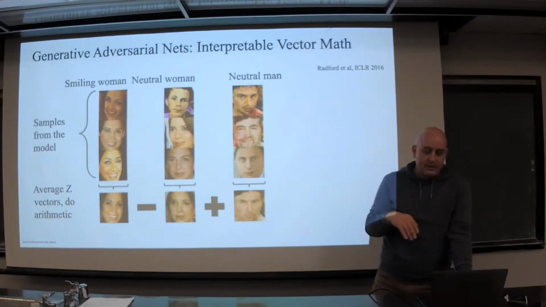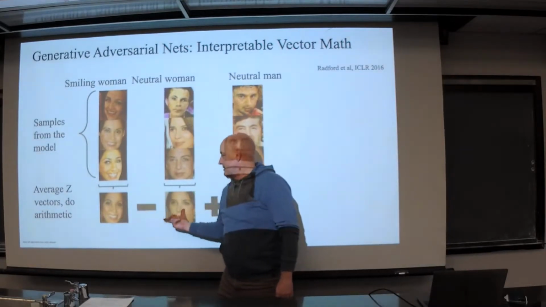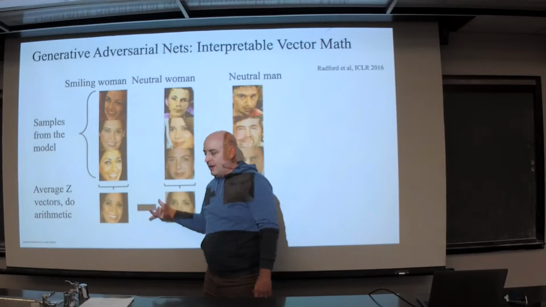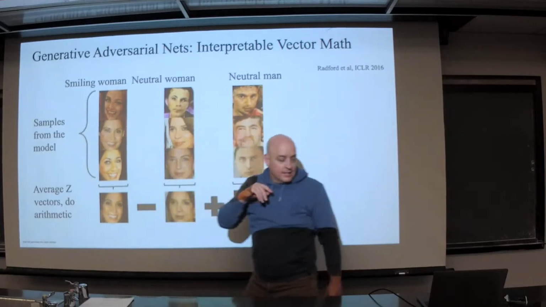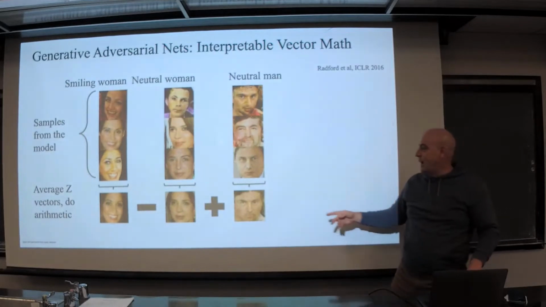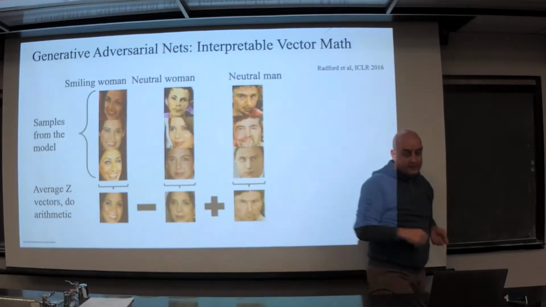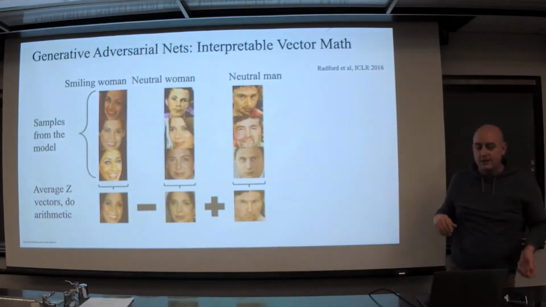Well, how would you go about probing that? What happens if you take that vector, this displacement between these two averages, pointing in a direction that's like going from a neutral face to a smiling face? What if we added that to the average representation of a neutral man, so neither frowning nor smiling?